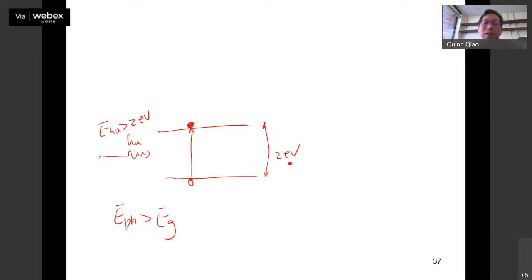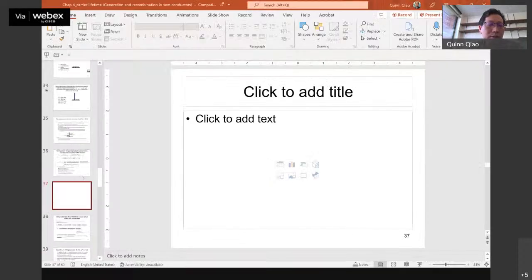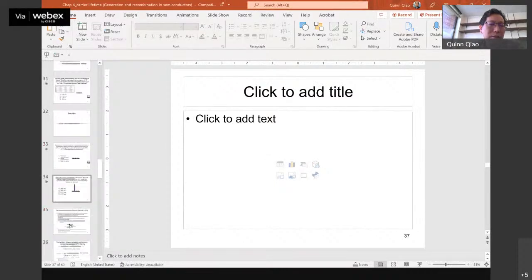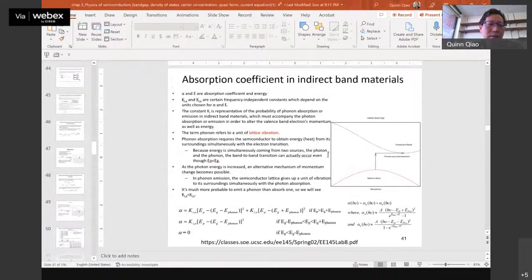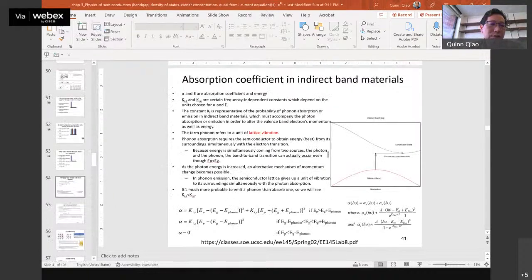That's why, if you look at the absorption coefficient, not only the absorption coefficient, also look at here, the one I just talked about. Where is it? Oh, that's a slide earlier. I think it was on slide number 42. Yeah, 42, okay, I'm looking for it.